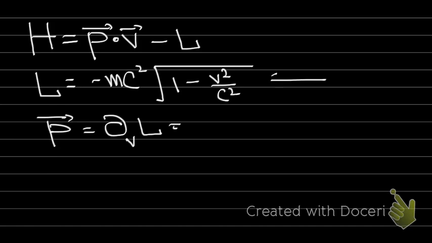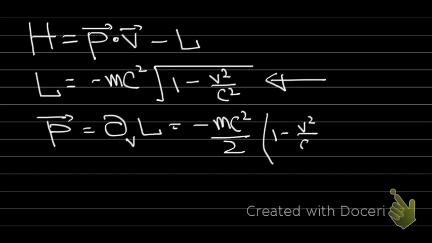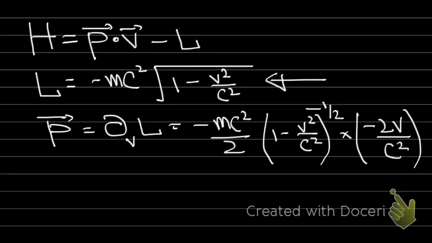So let's compute the velocity derivative of this Lagrangian. That would be negative mc squared over 2, since the half comes down, times 1 minus v squared over c squared to the power of 1/2 minus 1, which is negative 1/2, and the derivative of the inside quantity is negative 2v over c squared.